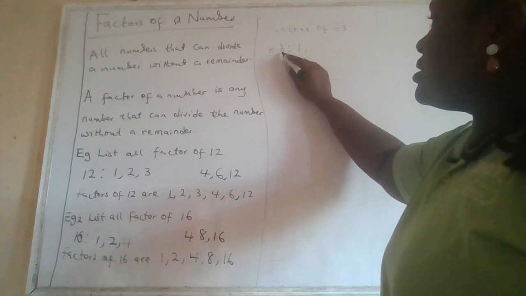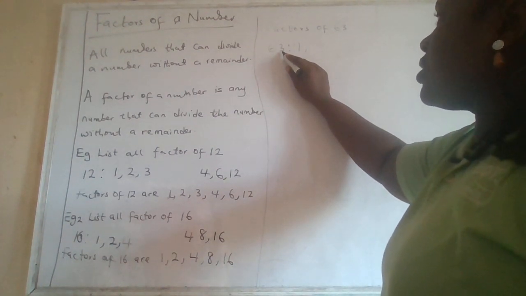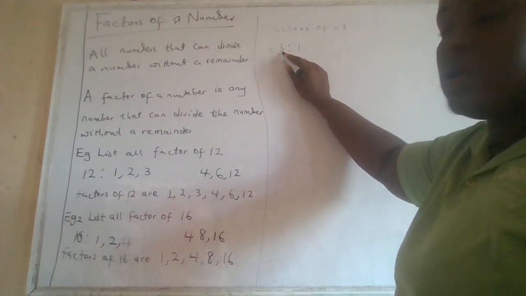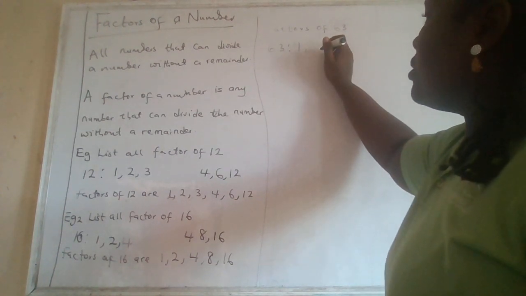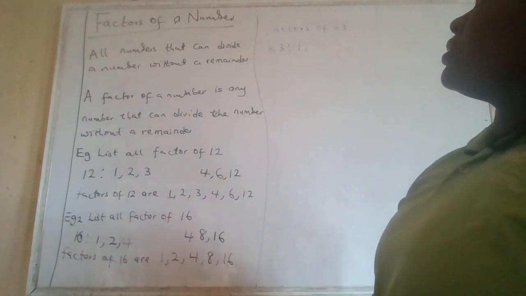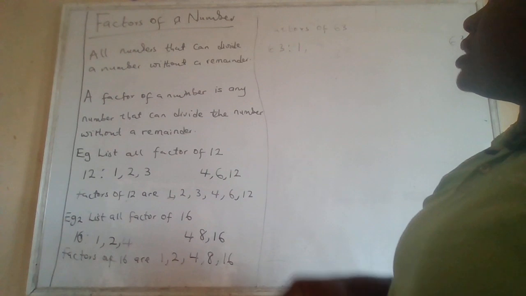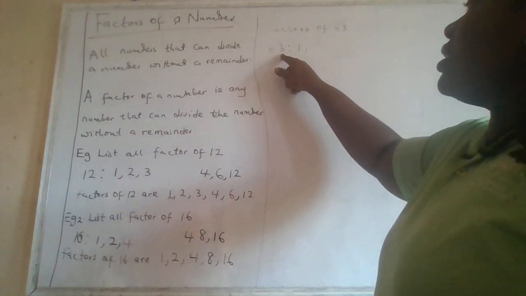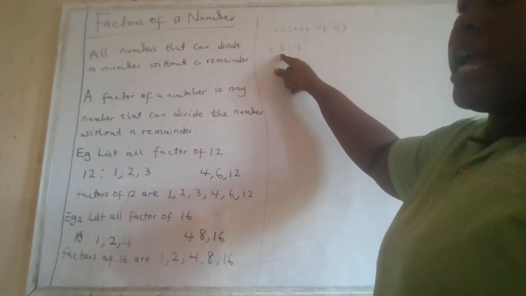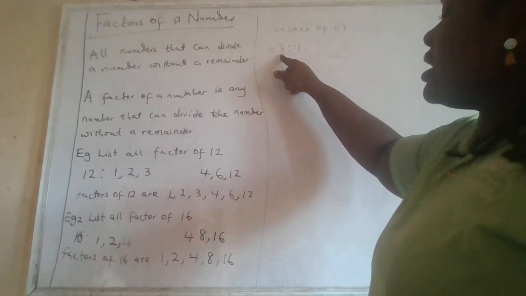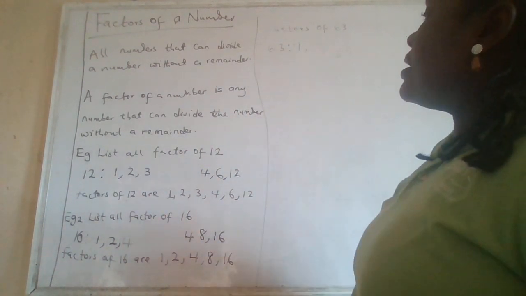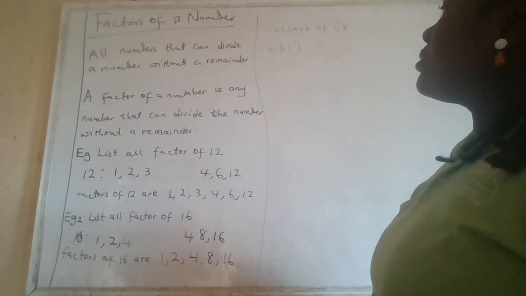Can 2 divide 63? 2 cannot divide 63 because 63 is not an even number. What other number can divide 63? 3. 3 can divide 63 because if I add 6 and 3, I will have 9, and 9 is also divisible by 3.